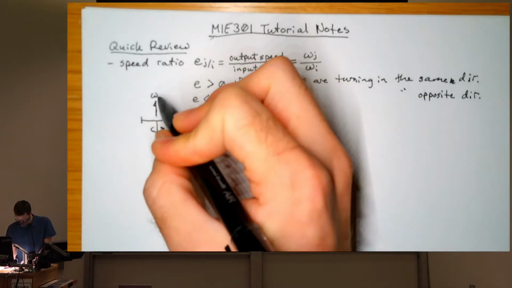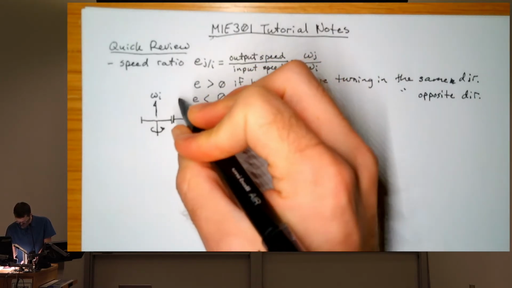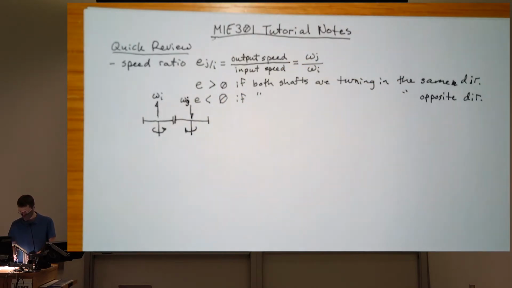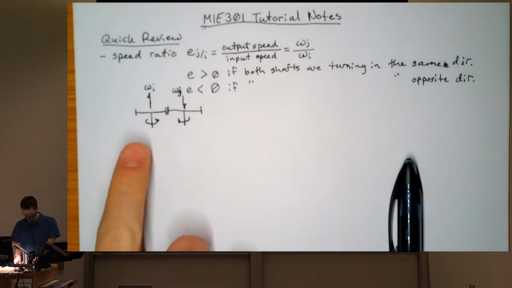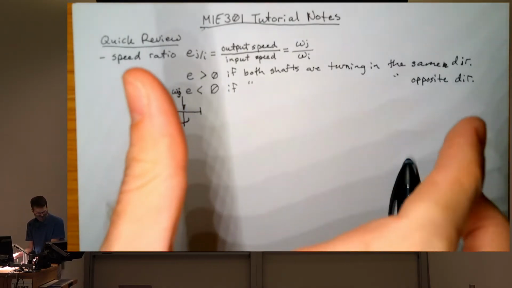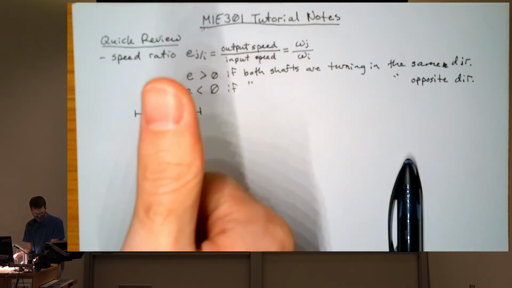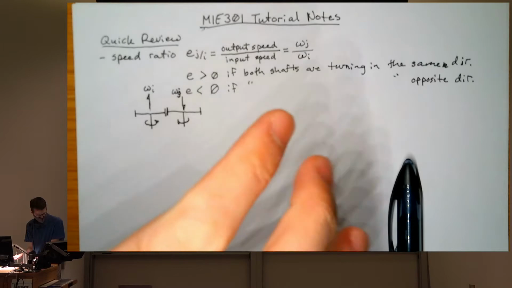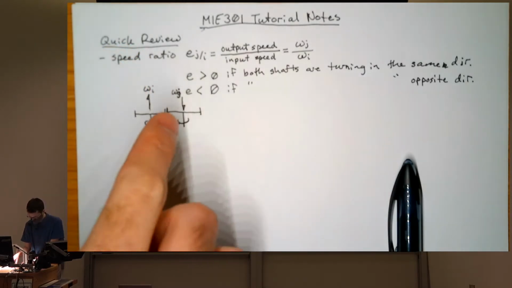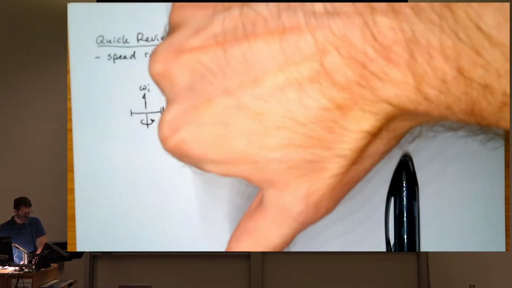So if this is our omega input, then this will be our omega output, or sorry, our omega j, to use the same nomenclature. For this one, I point my thumb in the direction of the arrow, and then my fingers curl in the direction that the gear is rotating. If this one's rotating this way, you can see my fingers are curling into the page on the right-hand side, which means that on this side, it must be going in the opposite direction, curling into the page like that.